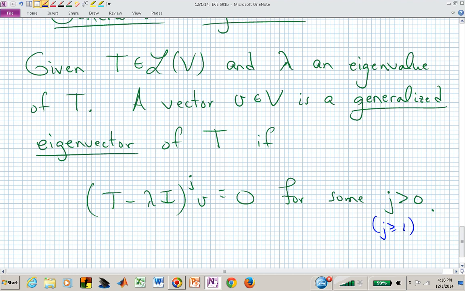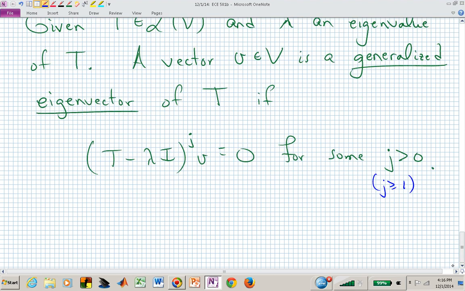If you can find a vector v that lives in the null space of T minus lambda I to some j power, then that's going to be what we call a generalized eigenvector. And I think you should realize that with j equal to 1, that's what we've been calling an eigenvector all along.